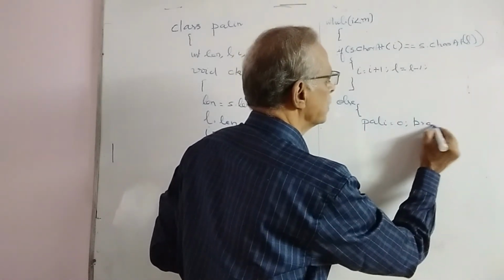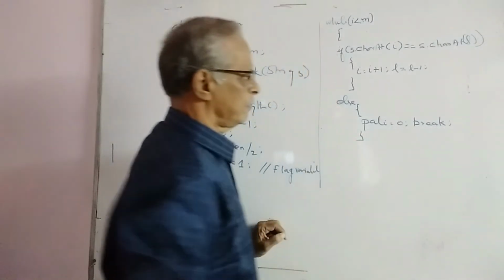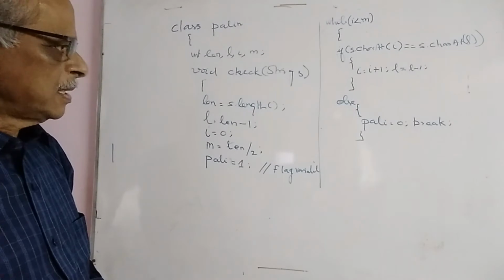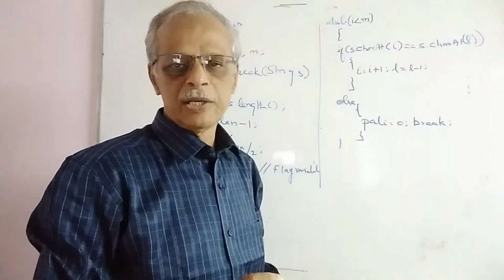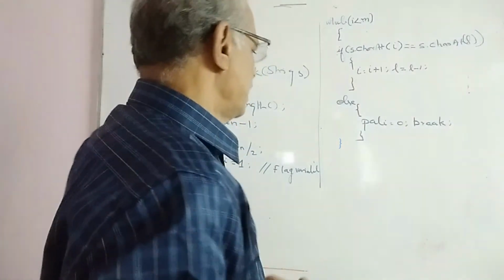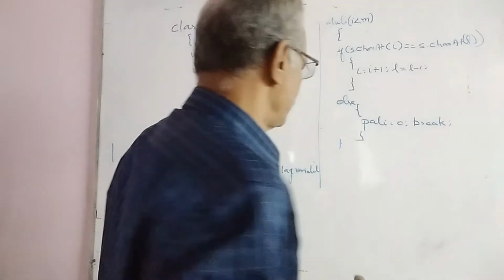Break the loop. Suppose any two characters are different, we have to come out of the loop after setting Pali equal to 0.